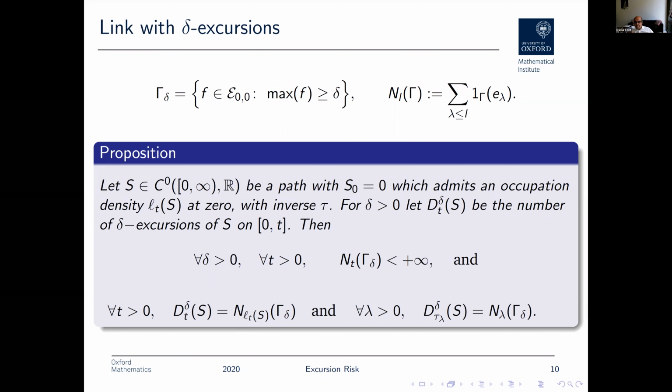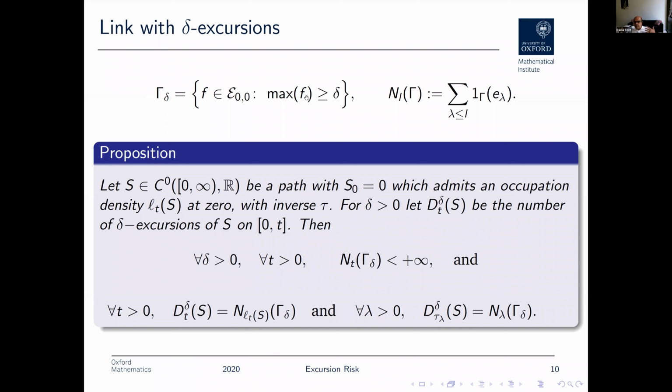Okay, so because of this last exit decomposition, it means that inside each delta excursion, there is one and only one excursion from 0 to 0, which reaches delta. And this is exactly the set gamma delta we defined here. So there's a one-to-one correspondence between gamma delta, so excursions from 0 to 0 which reach delta, and what we call delta excursions.